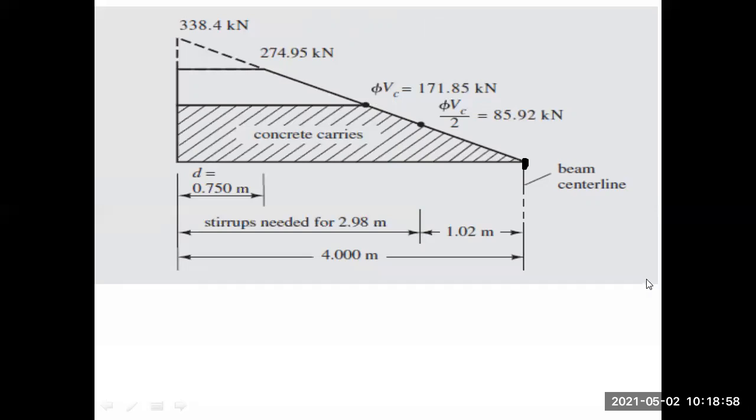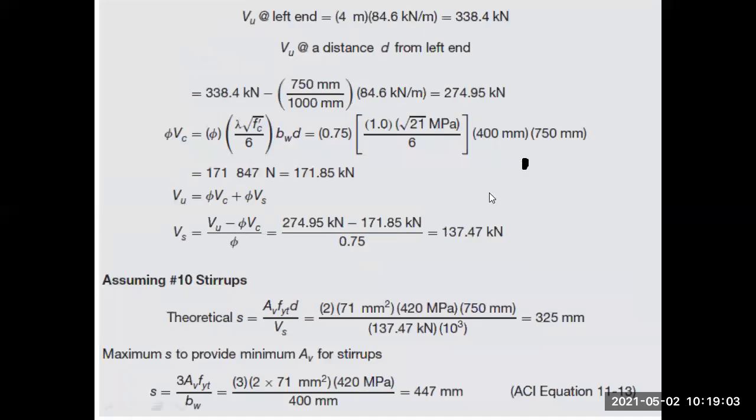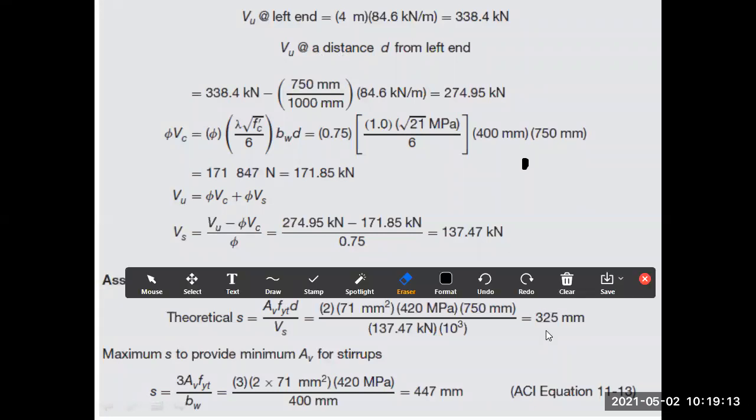The spacing is based on a few things. We need to check a few things prior to finding the spacing. Once you've got VU at D, or VUD, and you see that you need shear reinforcement, you check it.